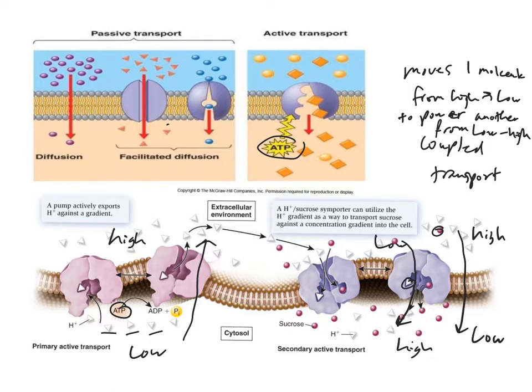And this ultimately is that coupled transport that we just talked about, and that allows work to be done. Now, if this was the end of the story, eventually pulling the sucrose in would also use all of the hydrogen gradient, and we would end up with an even amount of hydrogen on both sides. So in order to keep doing this, the cell has to spend ATP energy to pump the hydrogen ions back out so that this cycle can continue.